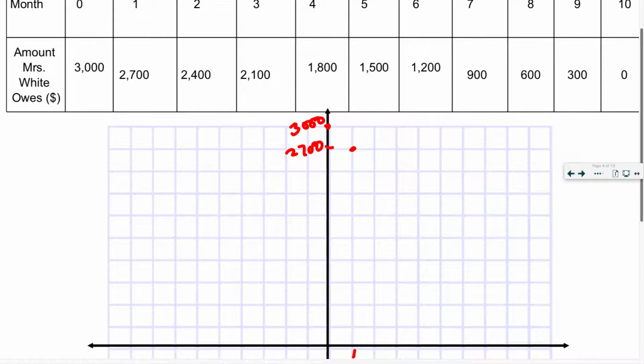So what would our next one be? What's our next coordinate on our graph? Right there. 2 and 2,400. So do you see the pattern? What does the line look like? Can we draw the line at this point?